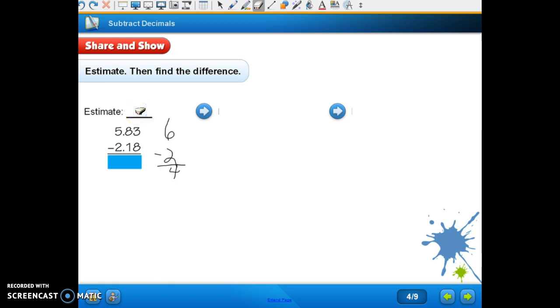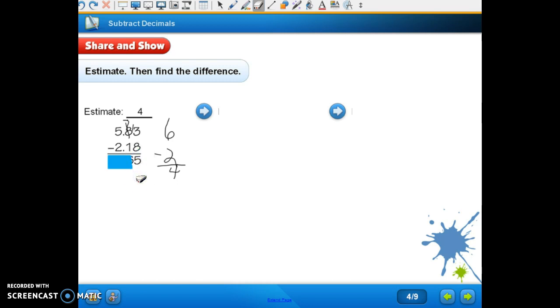And can we do this subtraction? We're going to have to do a little regrouping, aren't we? So we can't have 3 minus 8, so we're going to go to our tenths place. We're going to make that 8 a 7. And we're going to give 10 to our 3 to make 13, and 13 minus 8 is 5. Now we have 7 minus 1.